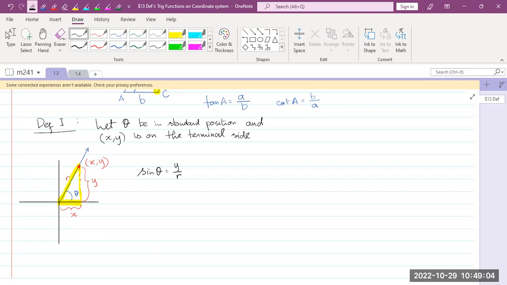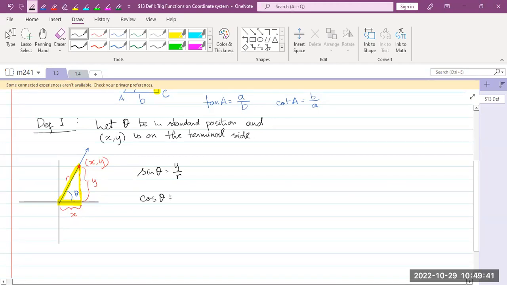When we superimpose this angle on a coordinate system in standard position, sine theta will be the y component of any coordinate on the terminal side, divided by the radius, the distance from the origin to that point. Cosine theta, similarly, is the adjacent, which in this case is x over r, and tangent theta is y over x.